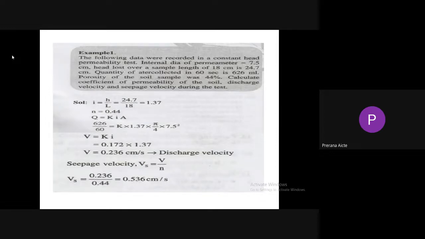Area of cross section of the soil equals pi by 4 into D squared, where the diameter of the mould is 7.5 centimeters. So v equals Ki, v equals 0.236 centimeter per second, which is called the discharge velocity. Seepage velocity Vs equals v by n, discharge velocity divided by porosity. We will get 0.536 centimeter per second.